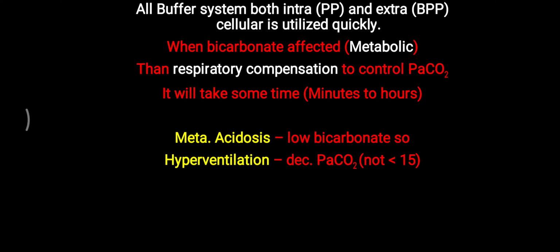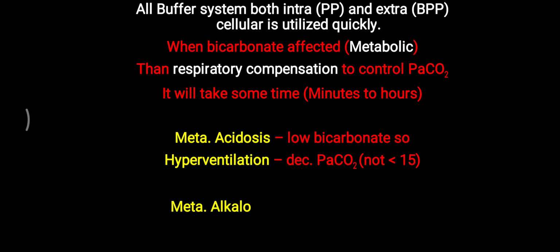So the carbonic acid level needs to be decreased, and to decrease it, carbon dioxide needs to be eliminated excessively. For that, hyperventilation will be seen. So as a compensation of metabolic acidosis, hyperventilation is typically seen. A decrease in PaCO2 is seen, but only up to 15 mm of Hg, not less than that.